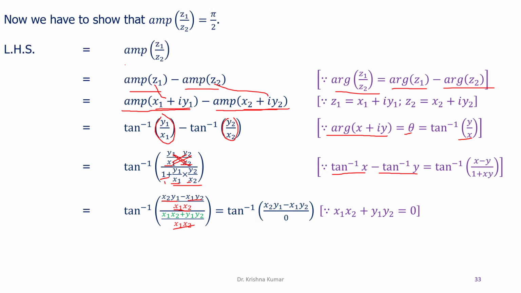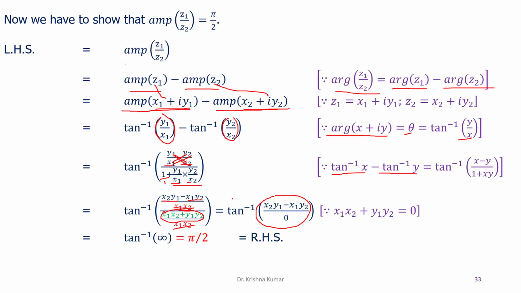So this x1x2 will cancel, and we know that this x1x2 plus y1y2, from equation number 1, is 0. So we have x2y1 minus x1y2 divided by 0. So this will become infinity. And tan inverse of infinity is given by pi by 2, which is the right-hand side.